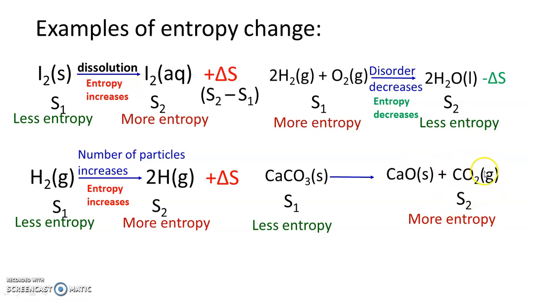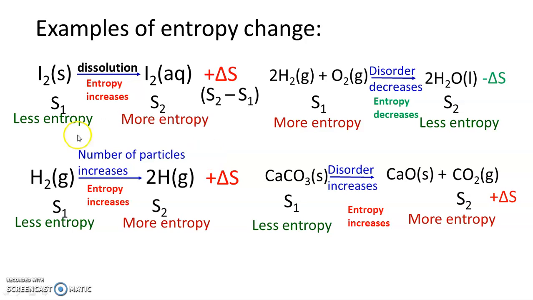In the products there is a gas and therefore S2 is greater than S1 and therefore disorder increases during this change. A solid is converted into gas, one of the products is gaseous, therefore disorder increases, delta S is positive. So these are the examples of entropy change.